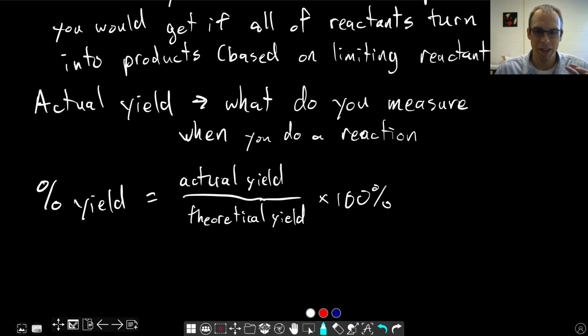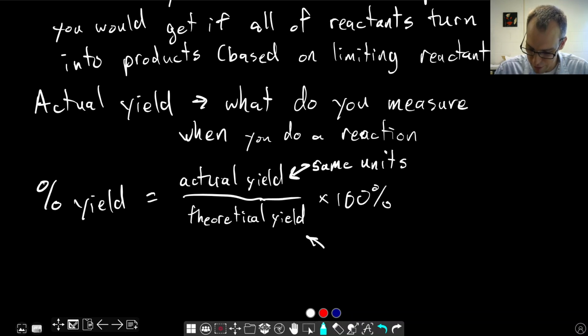One thing to be aware of is that your actual and theoretical yield need to have the same units for this to work out. Say your actual yield is given in grams, and you calculate your theoretical yield in moles. You can't use those. You have to convert one of them, maybe converting your theoretical yield to grams instead of moles.